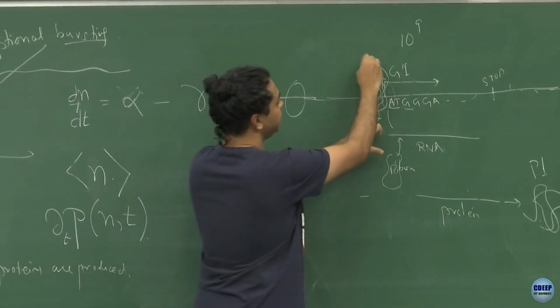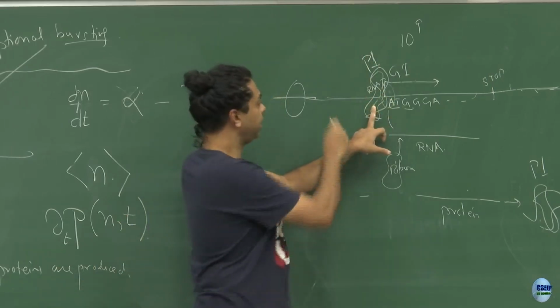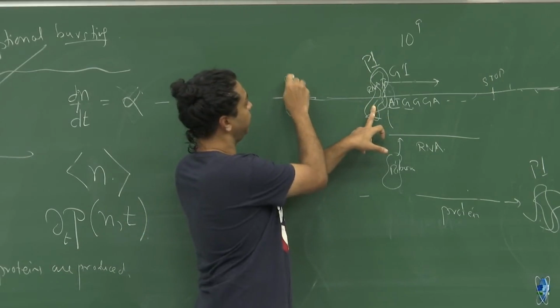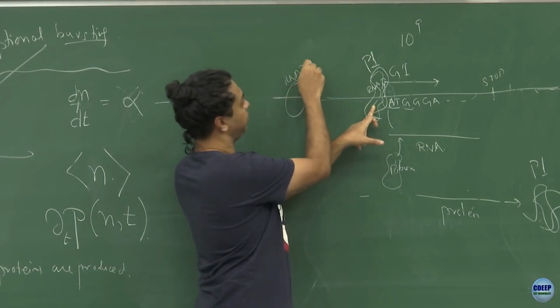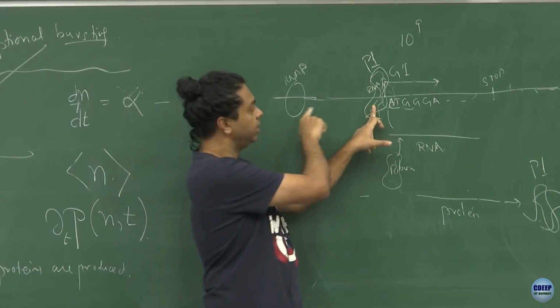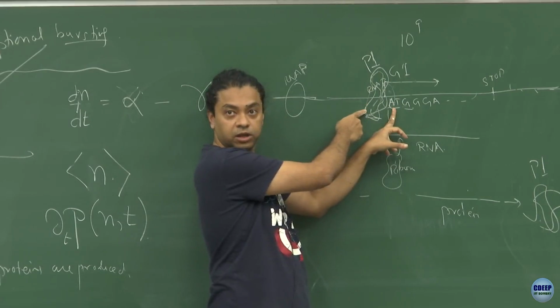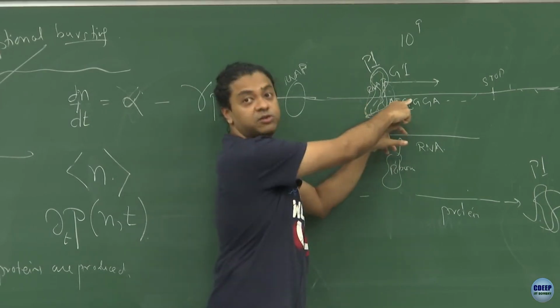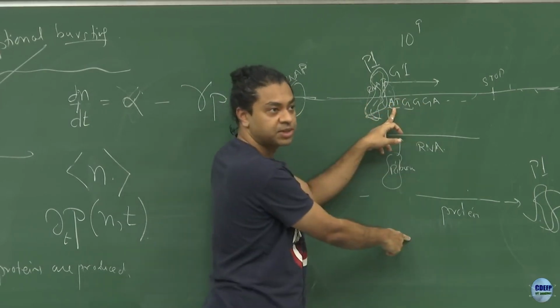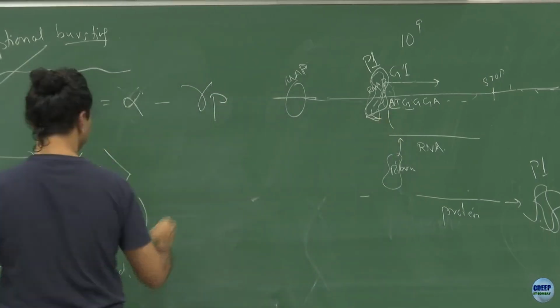Let us say P1 has come and bound to this DNA over here. Now, when an RNA polymerase, RNAP, comes and slides on this DNA, it cannot reach here because its way is blocked by this protein. Therefore it cannot read this gene and cannot produce subsequent amounts of this protein. So what is this? This is a feedback loop.